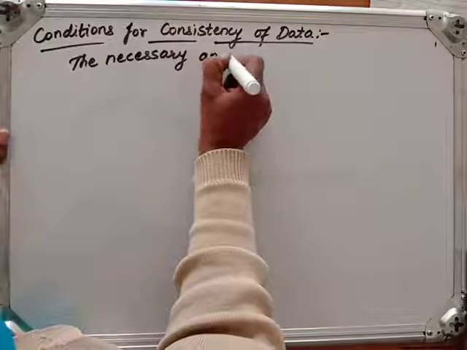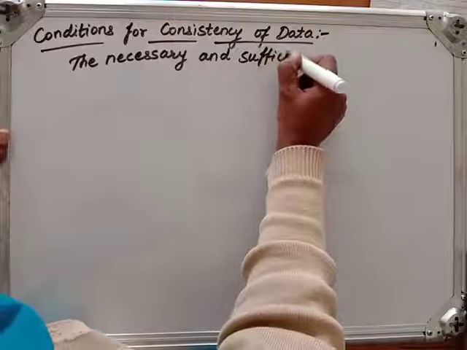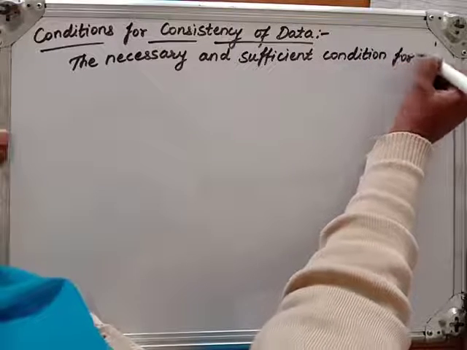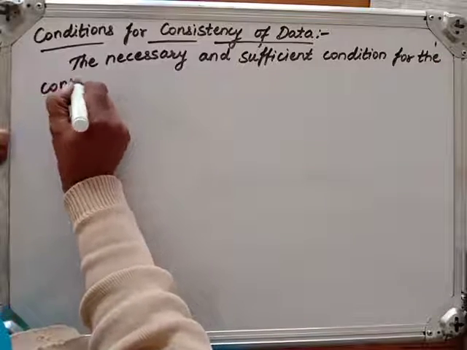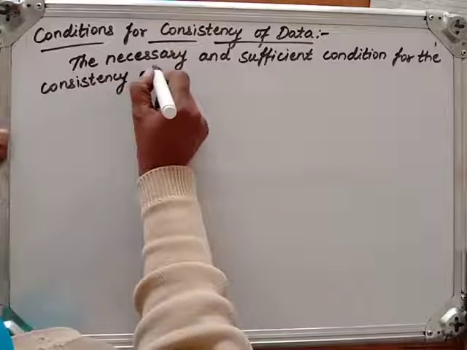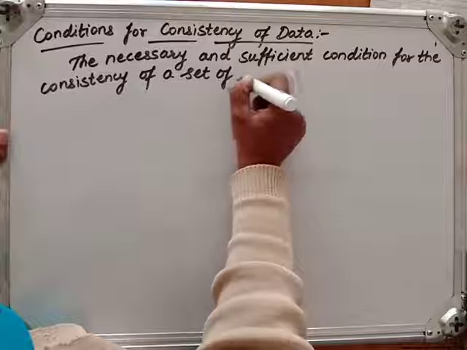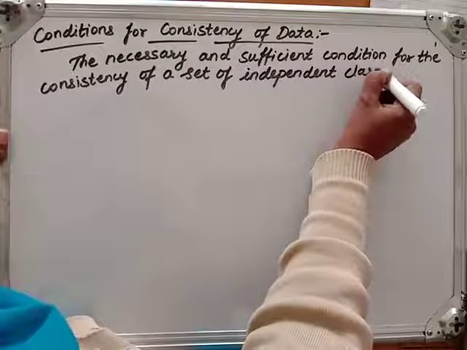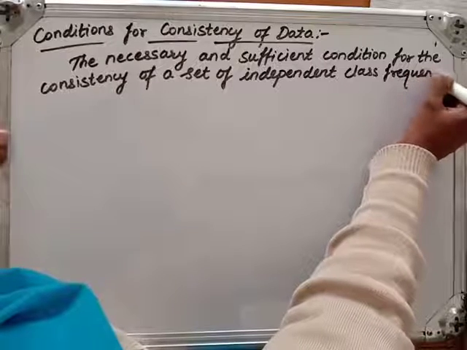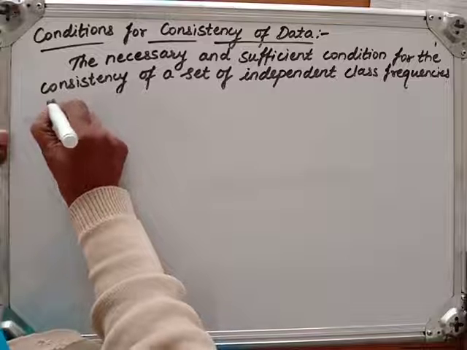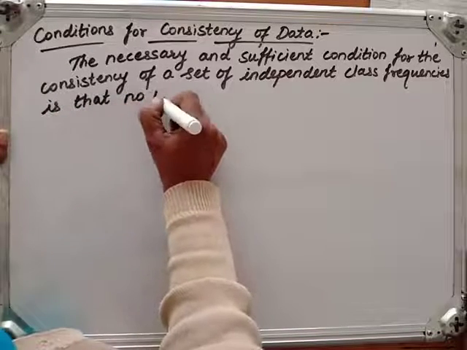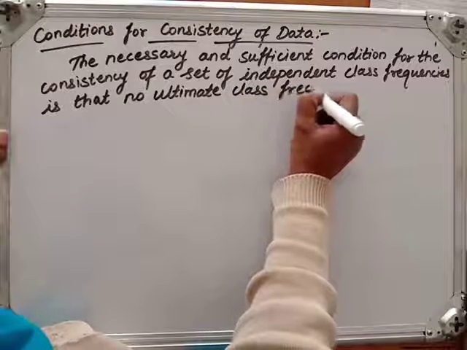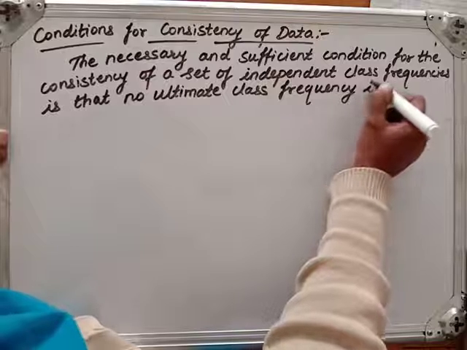The necessary and sufficient condition for the consistency of a set of independent class frequencies is that no ultimate class frequency is negative.